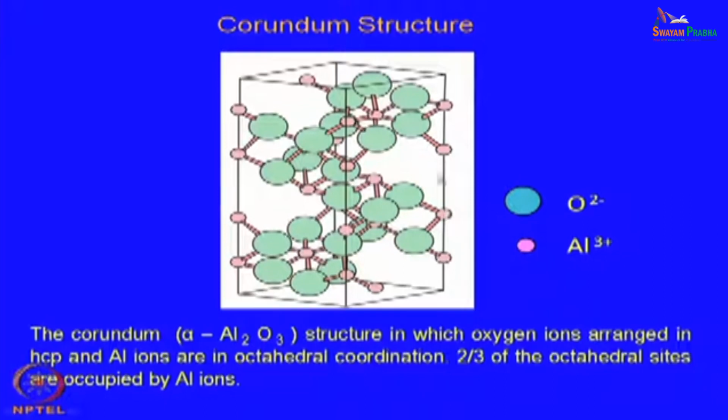So, the aluminum ions which are sitting on the edge are actually surrounded by some oxygen ions of this particular unit cell and a few others from the neighboring unit cells, but all of them will have octahedral coordination, and of the available octahedral interstitials, only 2/3 will be filled up.